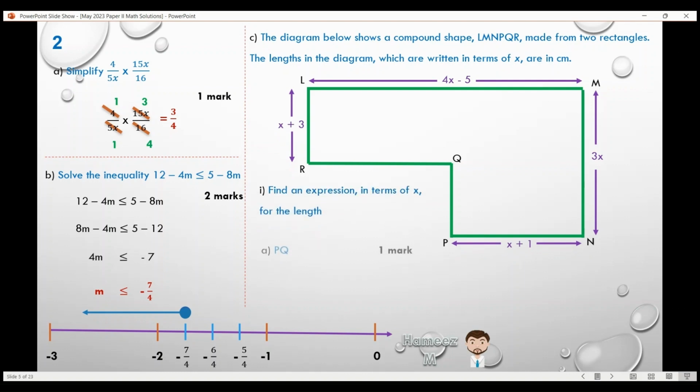Find an expression in terms of x for the length of PQ, and we'll highlight that as a green length. And if we think about it, let's consider it to be up and down or vertical. If we have PQ, we don't know that length, but we know the entire length MN. So we'll have that in black, and LR in orange.